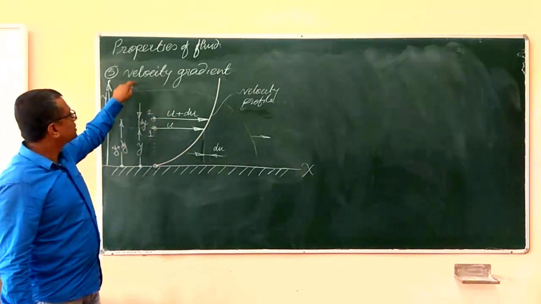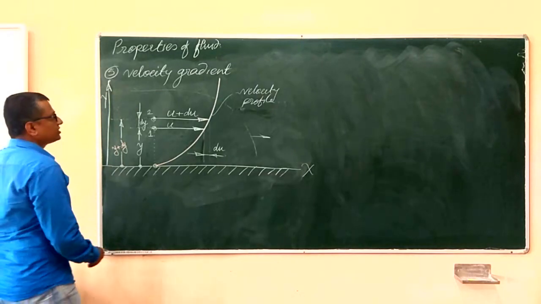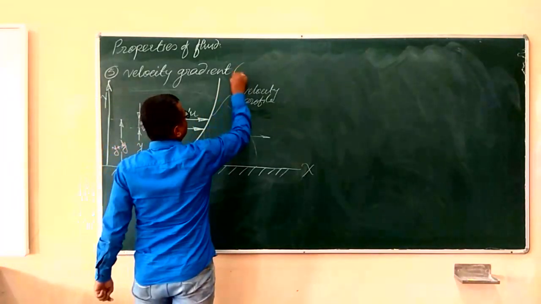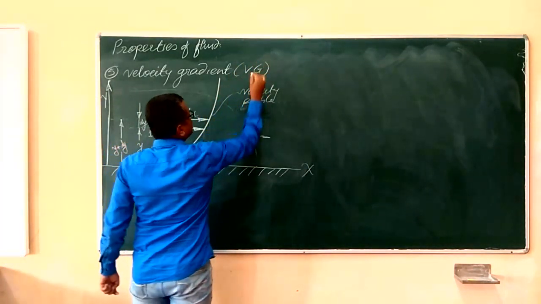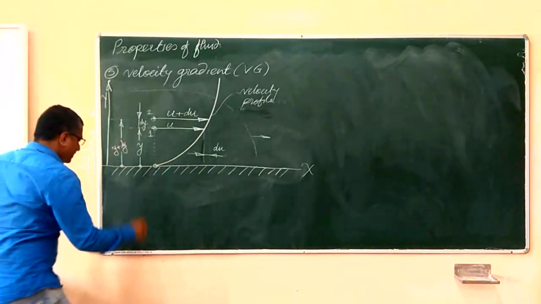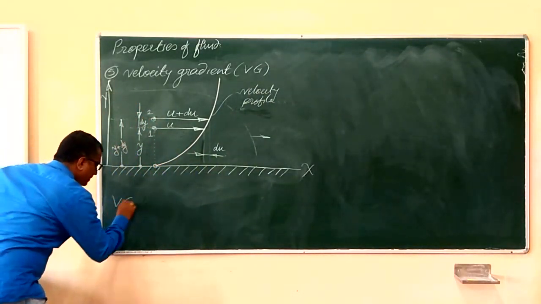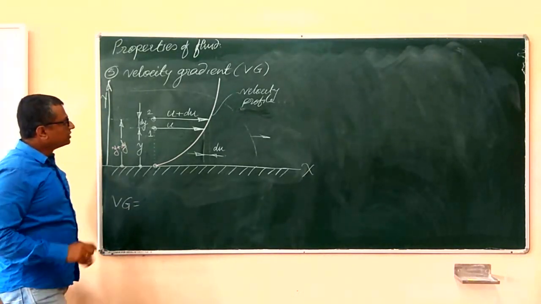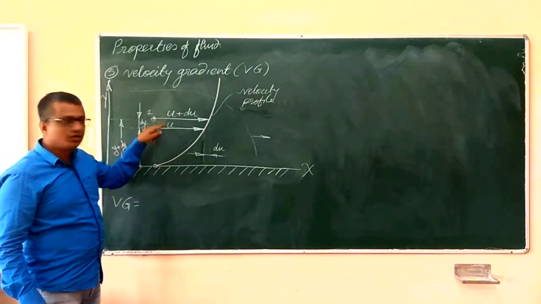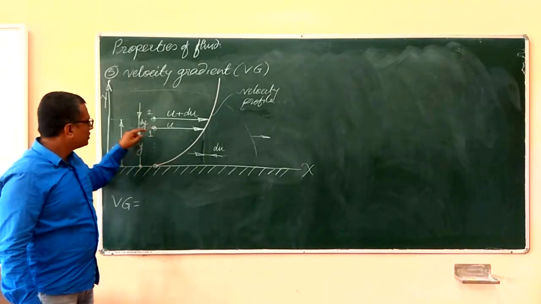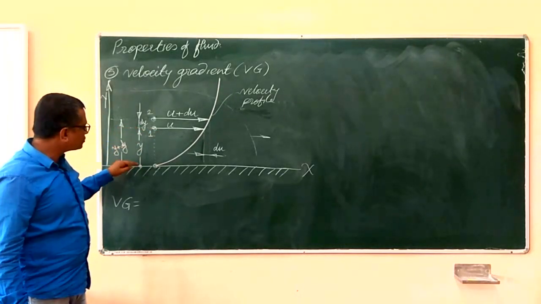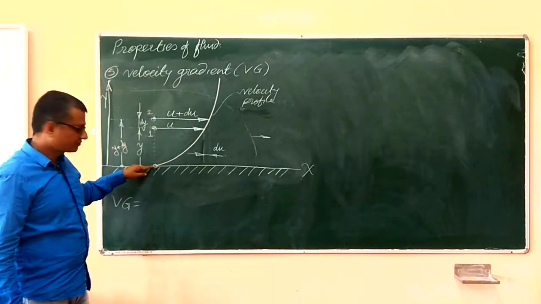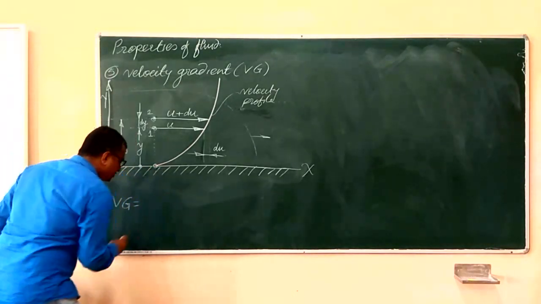Now let us define the term velocity gradient. The term velocity gradient, let us abbreviate it as Vg, is defined as the change in velocity of the fluid per unit change in the distance of the fluid from the fixed layer. I would like to write it in words.